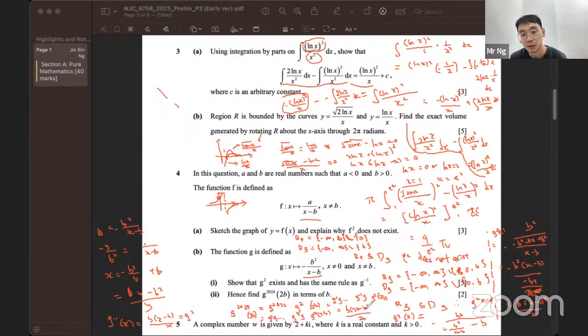So will be B squared over 2B, so is equals to B over 2. Done.